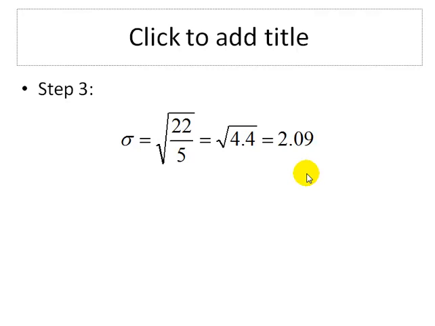That is the meaning of the standard deviation. If you still have any questions about those calculations, please let me know, and I hope this can help you finish your homework.